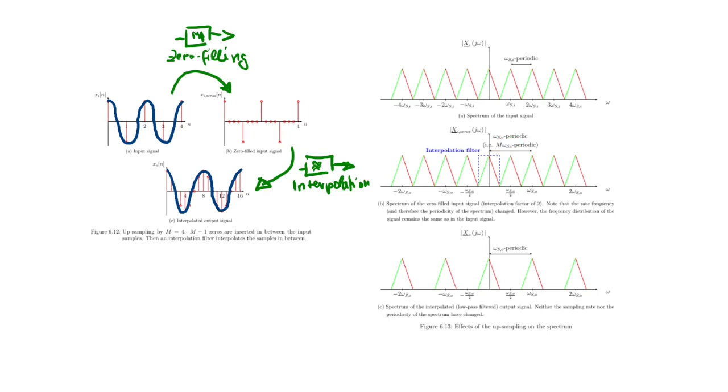And by zero filling the signal, we still keep this pattern, but we only change the periodicity. Whereas this is one repetition in the input signal, this is one repetition in the zero filled signal.